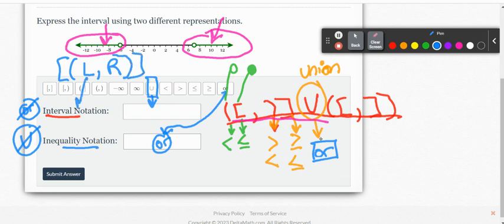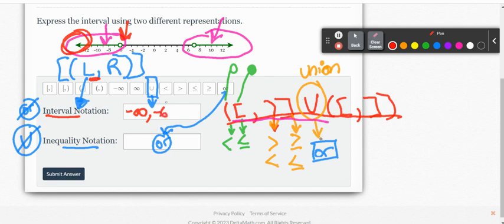Inequality notation is a little bit different, but all we have to do is say leftmost to rightmost for our interval notation. What is the leftmost thing on this little number line? Negative infinity specifically, right? Negative infinity all the way to the left. And then, so that's the leftmost thing, comma, the rightmost thing of this first part is -6.